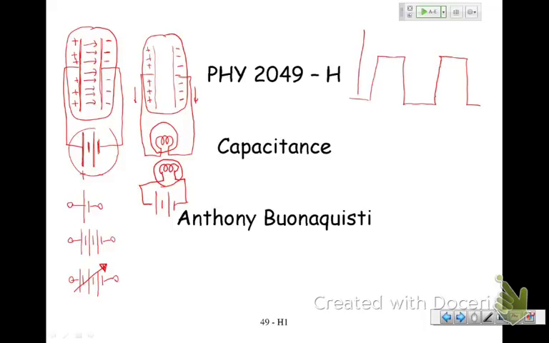So this is my voltage versus my time. If I look at, for time, if I look at the charge on the capacitor, what happens is, it starts charging up and it goes very easy, and then it gets harder and harder and harder, and then it stops.